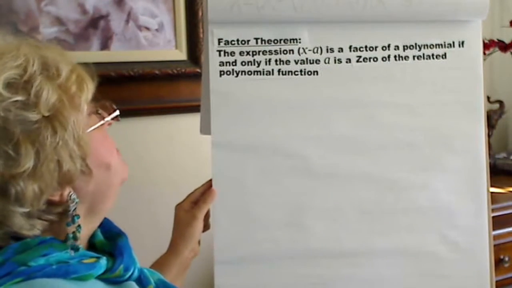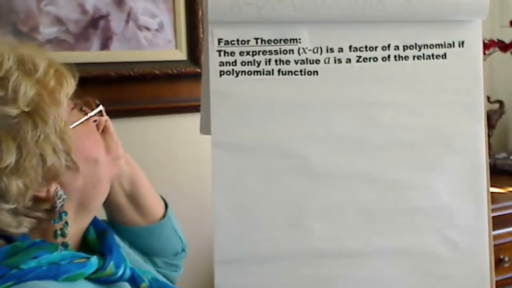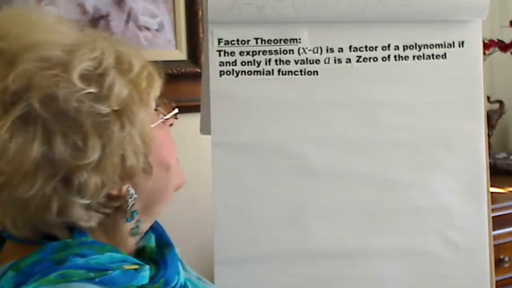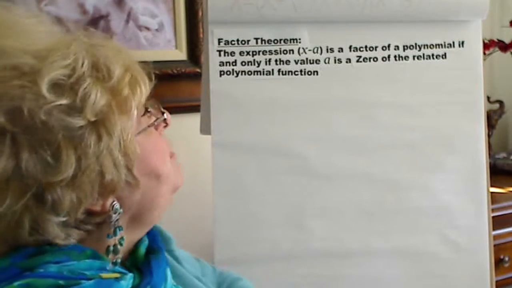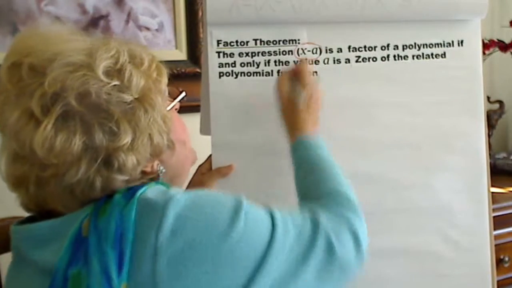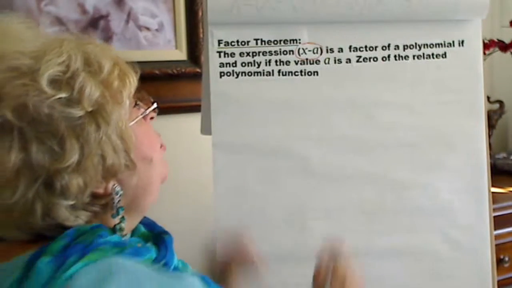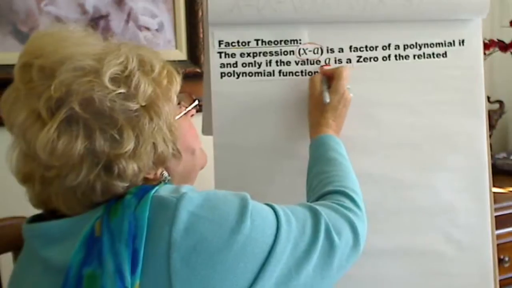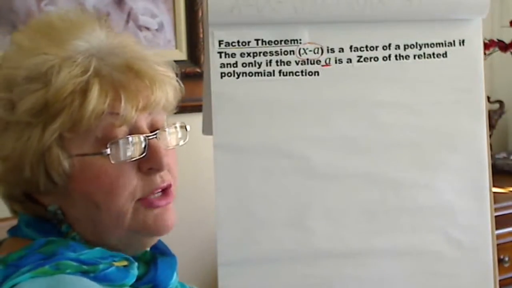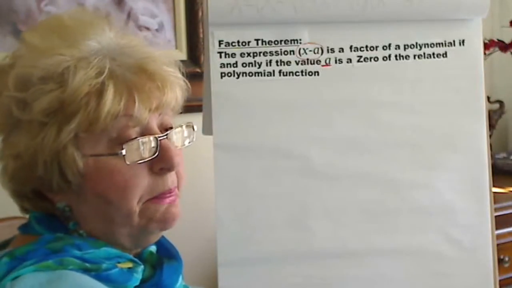The factor theorem states that the expression x minus a is a factor of a polynomial if and only if the value a is a zero of the related polynomial function.